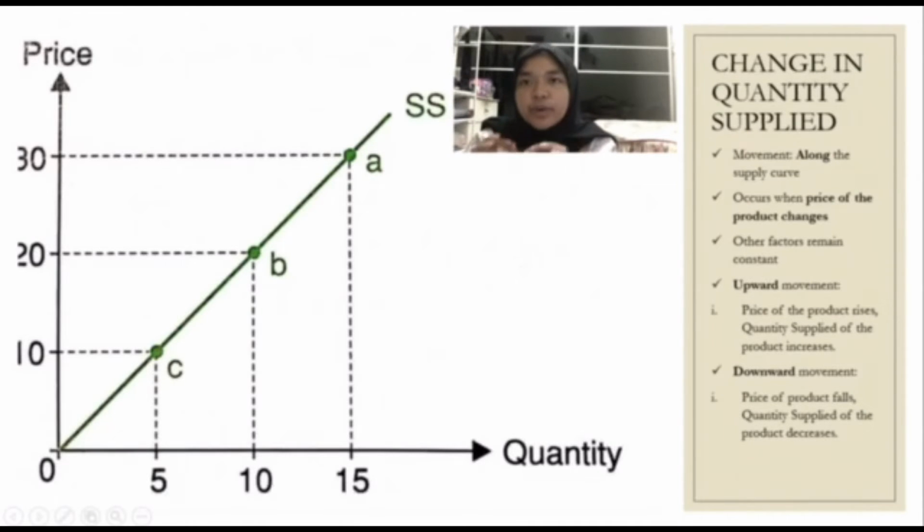Firstly, when the price of the product rises, the quantity supplied of the product also increases, so that will be an upward movement. When the price falls, the quantity supplied of the product will decrease, so that will make the movement downward.